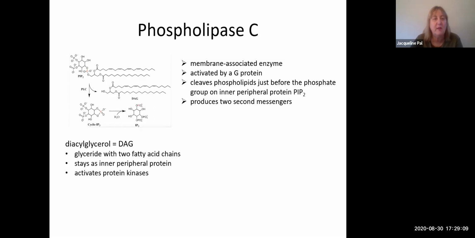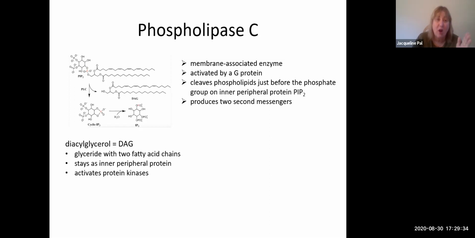So the first one it produces is something called diacylglycerol, which you can abbreviate as DAG, D-A-G. And so that is this glycerol, which is here attached to 2 fatty acid chains. Now this was how the PIP2 was attached to the plasma membrane.